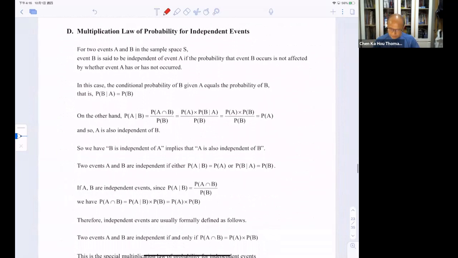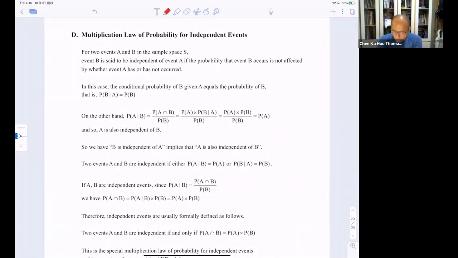Now next we go to the multiplication law of probability for independent events. Independent event, in Chinese it's called 獨立事件. For two events in a sample space, event B is said to be independent of A if the probability that event B occurs is not affected by whether event A has occurred or not.